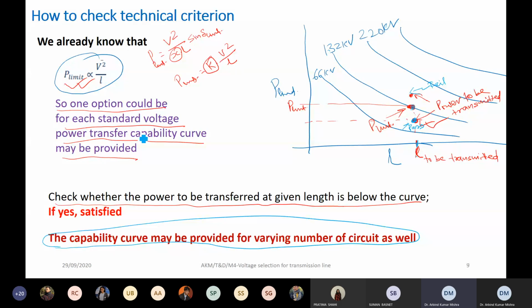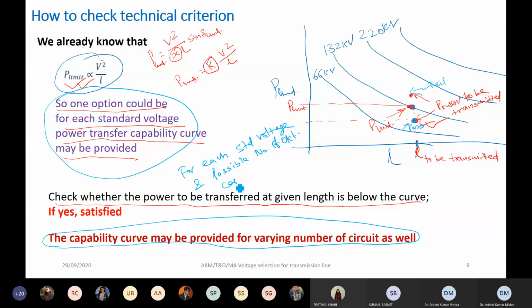So for this method, what is required is that you should have a number of capability curves available for each standard voltage and possible number of circuits.